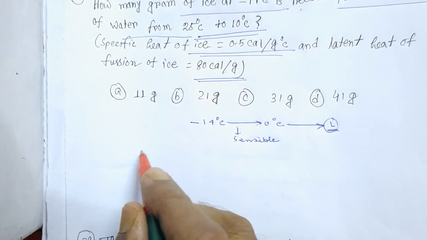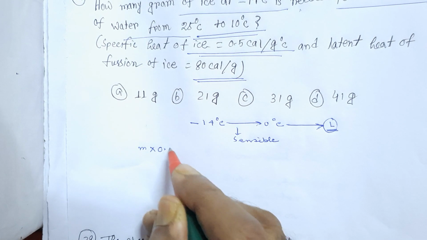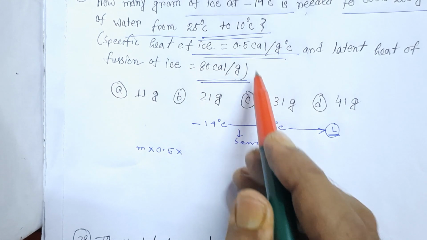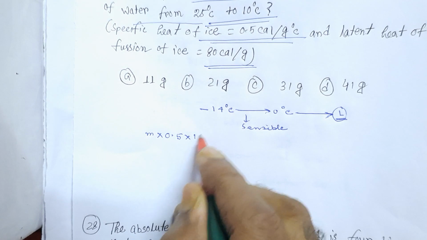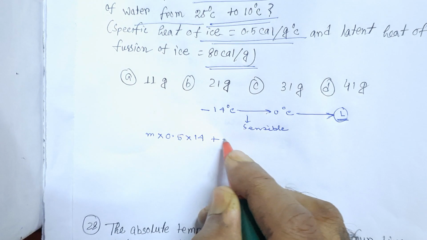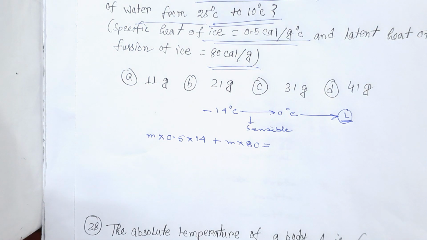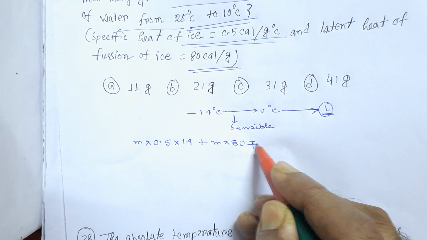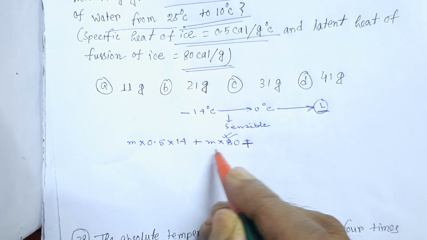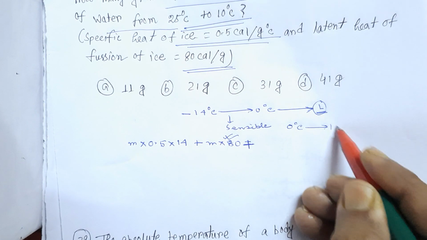So the heat taken is m into specific heat of ice 0.5, and temperature being increased from minus 14 to 0 degrees centigrade, that is 14 degrees centigrade, plus latent heat m into 80, and then the temperature goes to finally 10 degrees centigrade. So when ice melts into water, its temperature is 0 degrees centigrade, but the final temperature is 10 degrees centigrade.